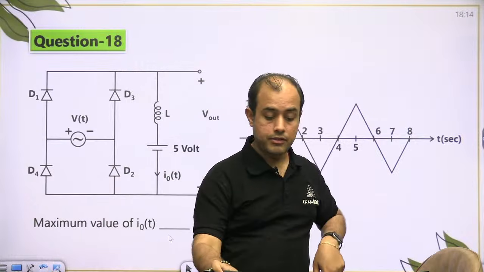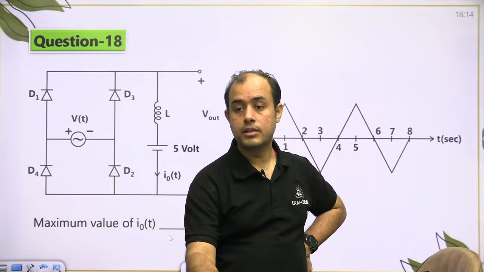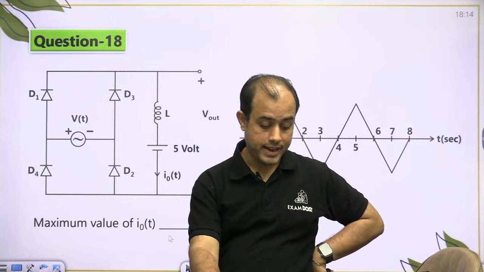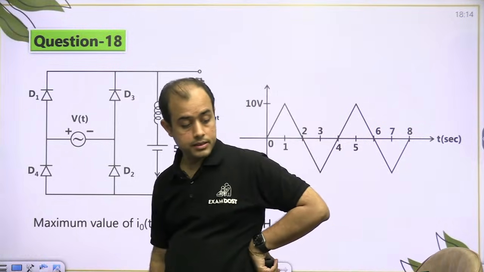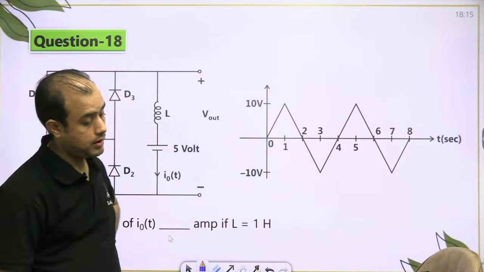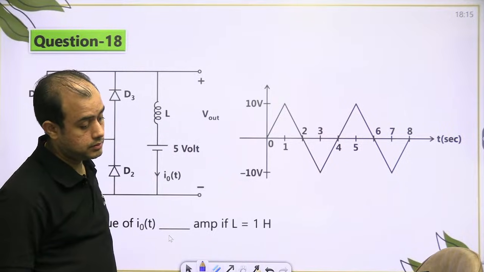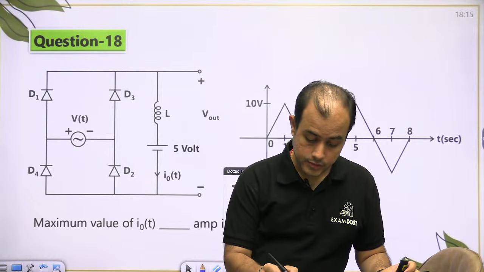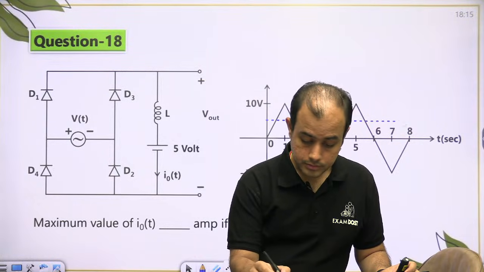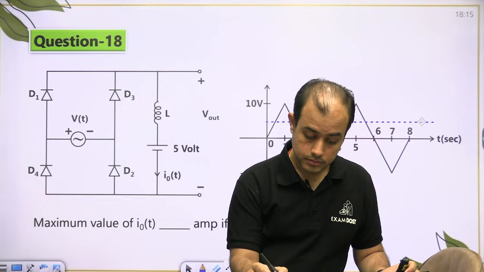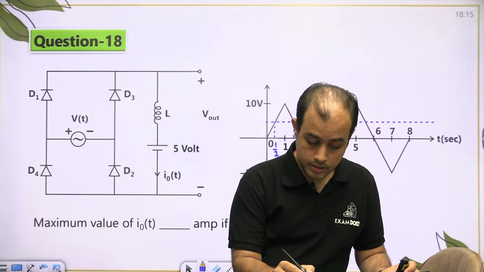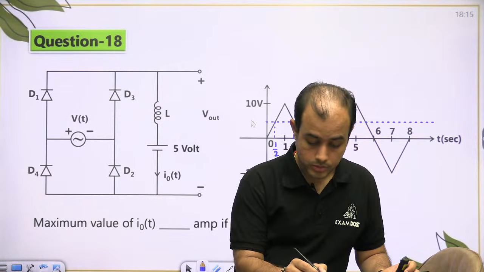Now maximum value of I naught. Maximum value of I naught if L equal to 1 Henry. So now it is EMF is 5 volt. So this will be 1 by 2, 1 plus 2 by 2, 3 by 2.